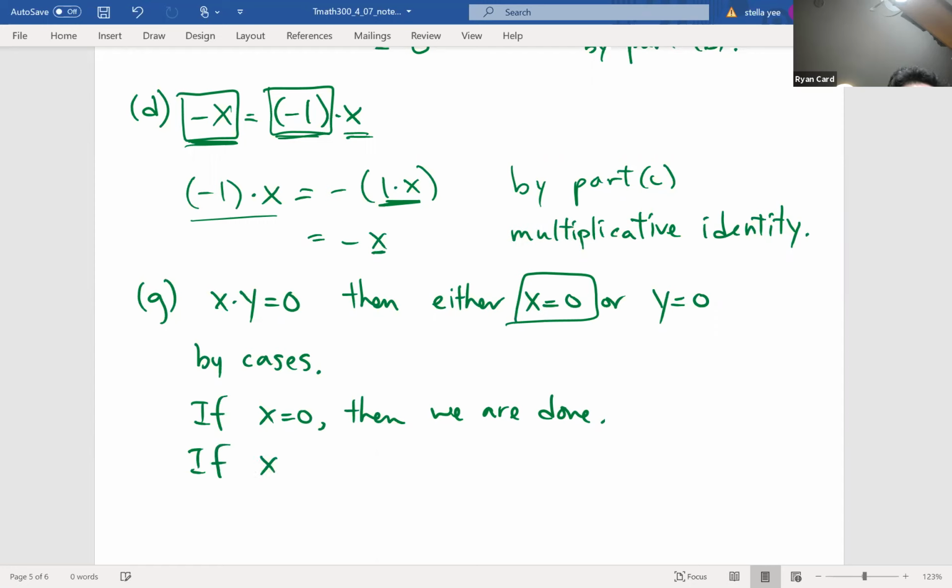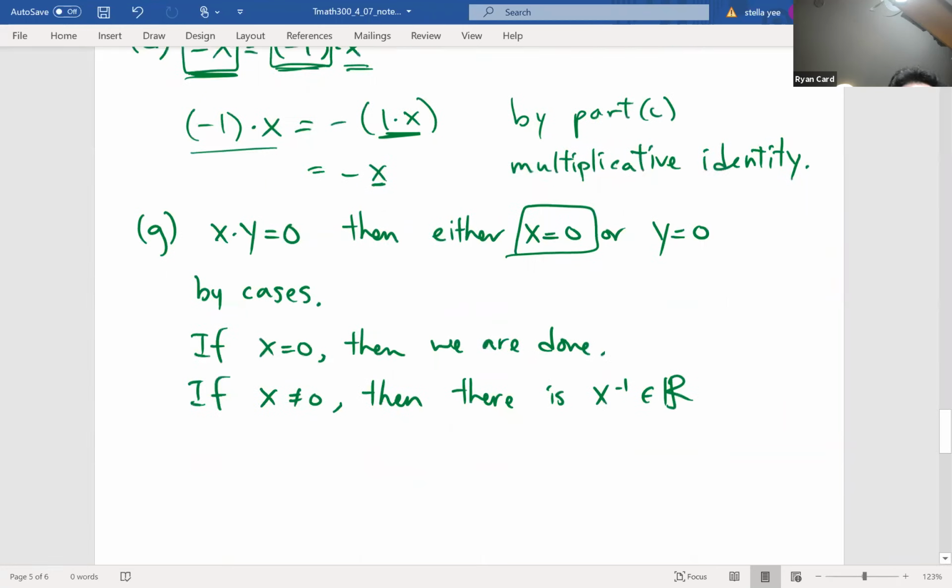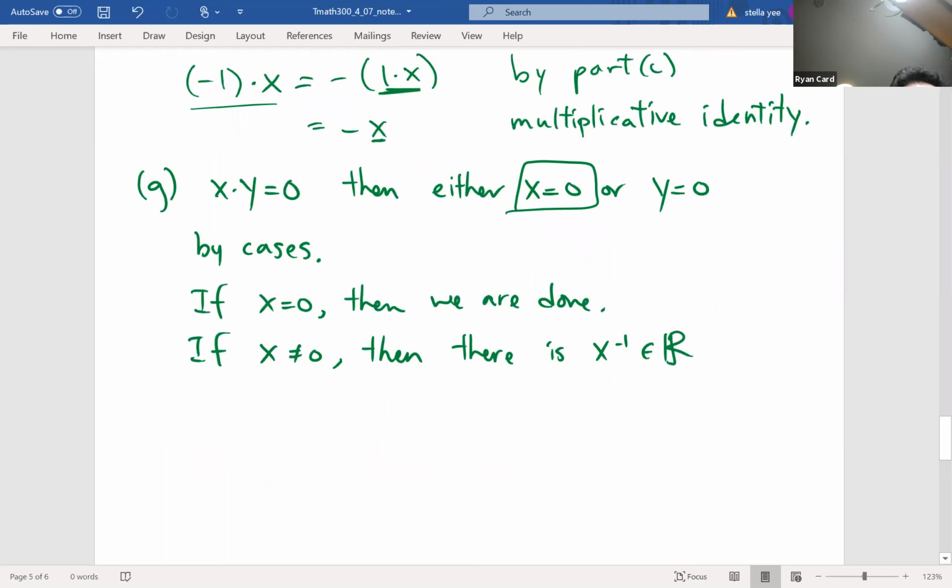If x is not equal to 0, then one of the axioms says that it has a multiplicative inverse. Then there is a real number x inverse. So I take this and multiply both sides by x inverse.